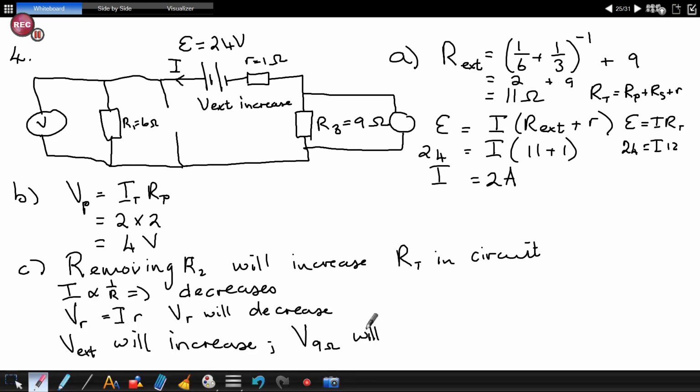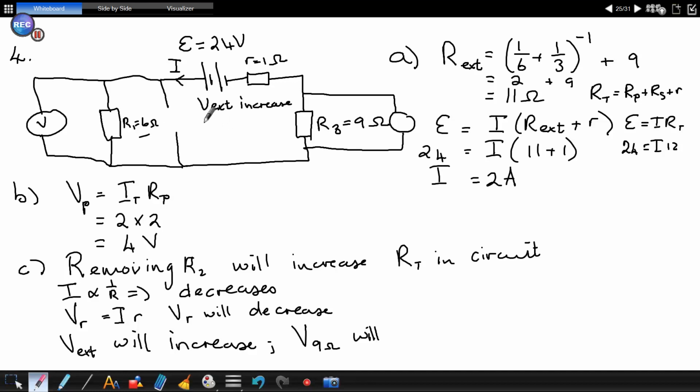So this question has a different angle to the whole thing. Because now the 3 ohm and the 1 ohm will be in series. The 9 ohm doesn't change. The 6 ohm, this resistance has changed now. It was 2 ohms, now it's 6 ohms.